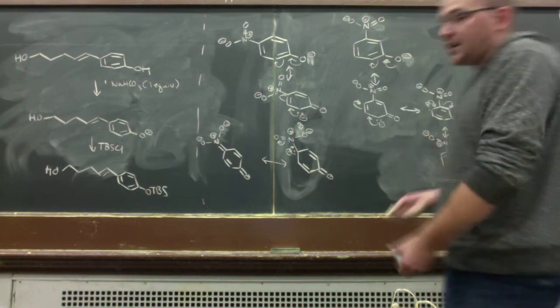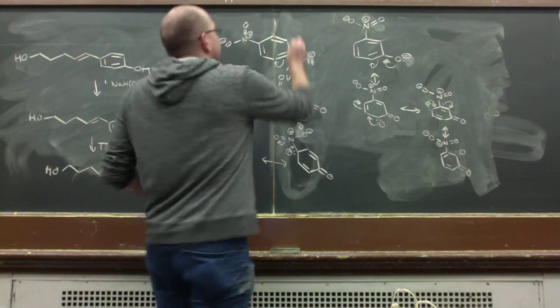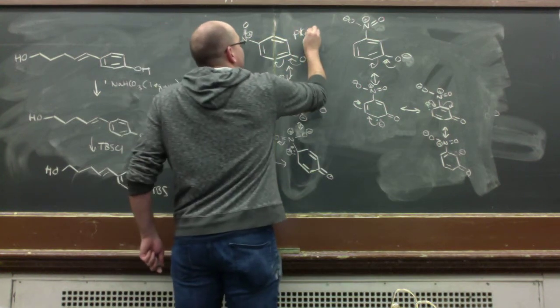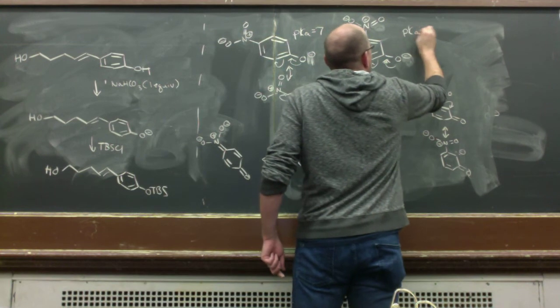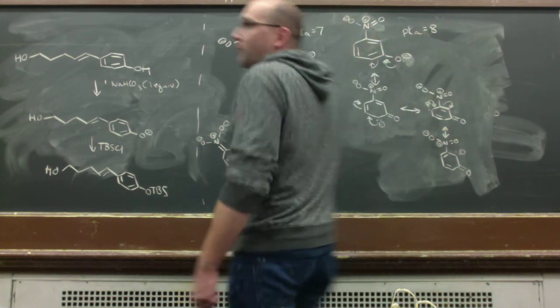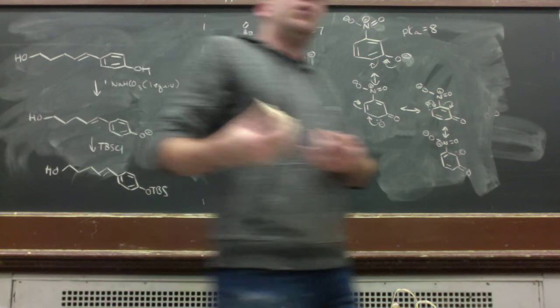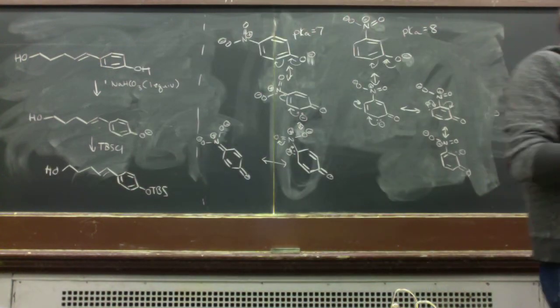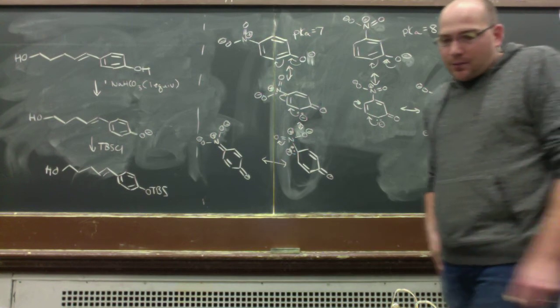In this case, what we see is that the pKa of this one is about 7, whereas the pKa of this one is about 8. So it's about an order of magnitude more acidic than the other. Again, they're both more acidic than phenol because they both have an electron withdrawing group. But one of them has this further ability to stabilize through resonance.